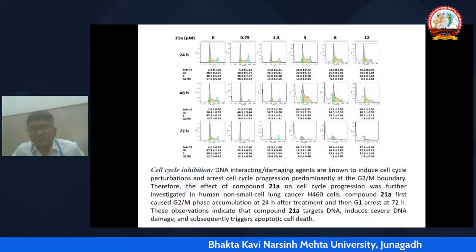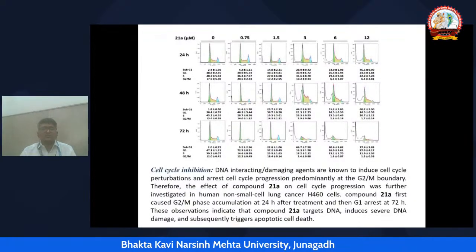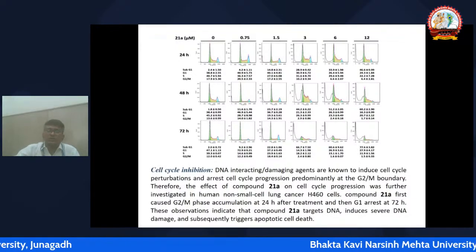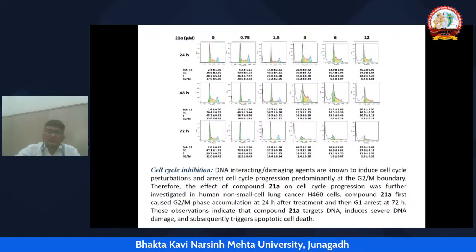Then we have also checked their mechanism for cell cycle inhibition. For that we see that the 21A compound particularly arrests in the G2M phase.